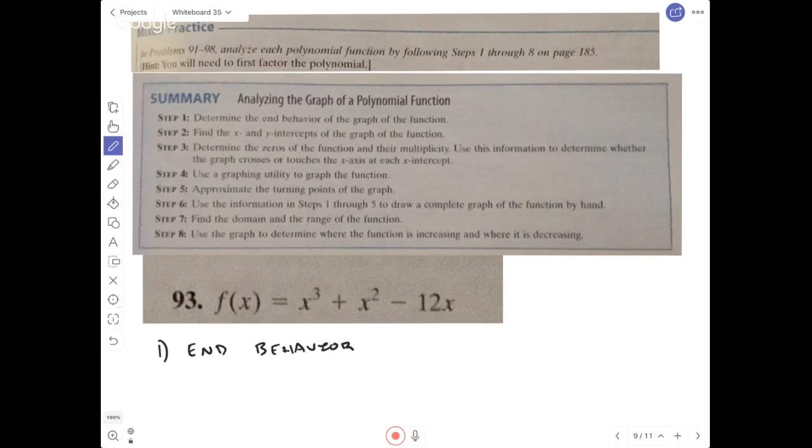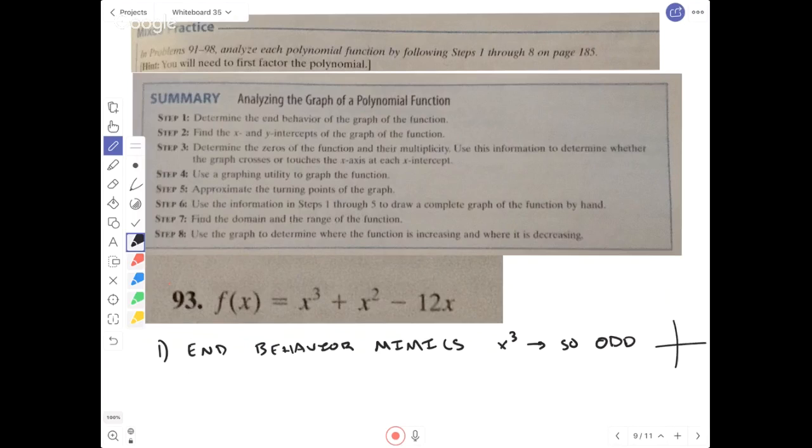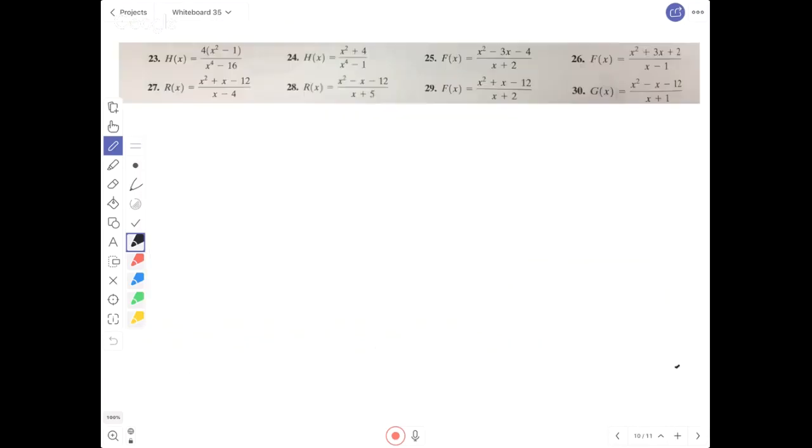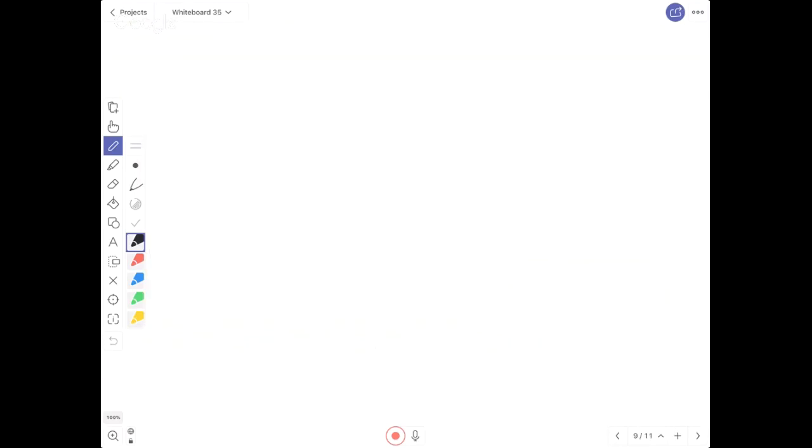So the end behavior mimics x cubed. So it is odd. And it's going to look like that. That's what x cubed looks like. Ooh, x cubed.